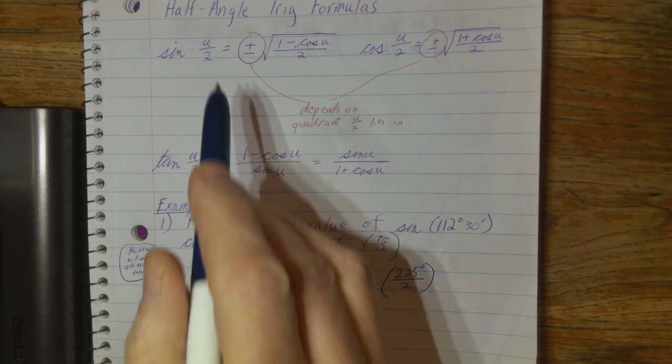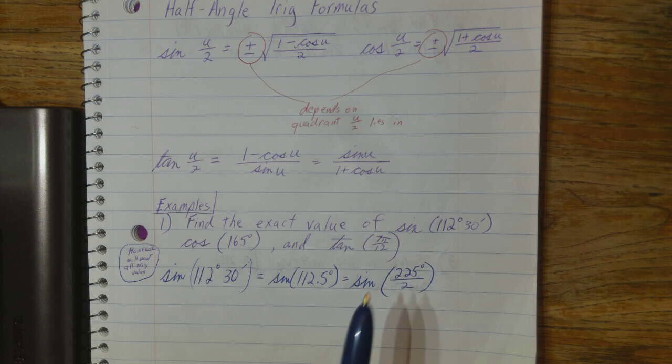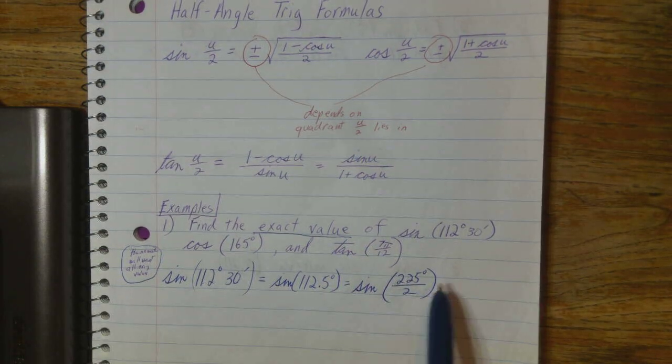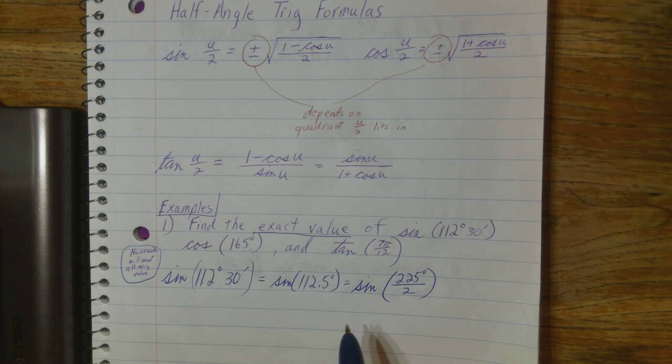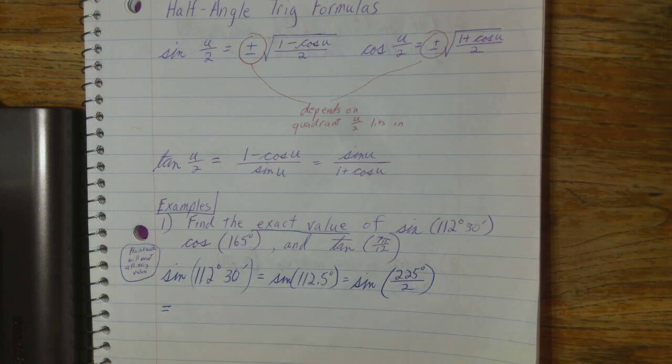Okay, now I've got a formula up here that I'm going to be able to use. And 225, we're getting exact values, so that means unit circle stuff. 225 is on our unit circle, so we're going to be able to deal with that. Well, what happens when we do this?